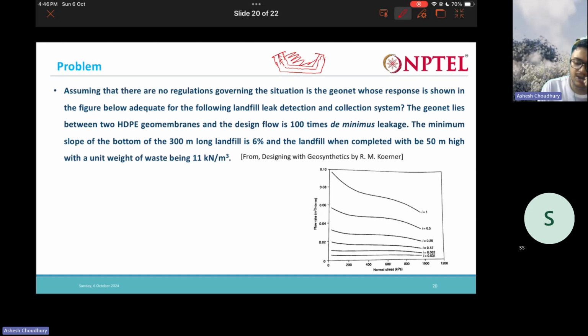Waste is here, and the height of this waste is 50 meters. Here we have to check a similar problem, just the values are different. Everything else is the same. So Q required is 100 times de minimis, and I will take this value directly. It is a standard value from the book.